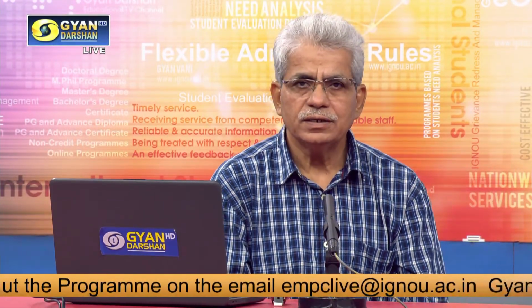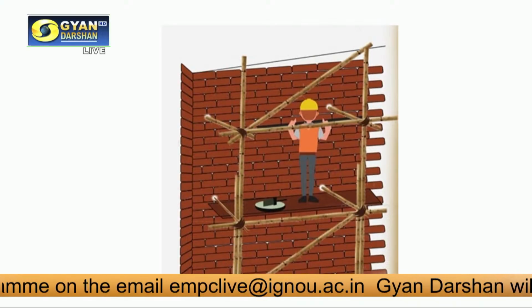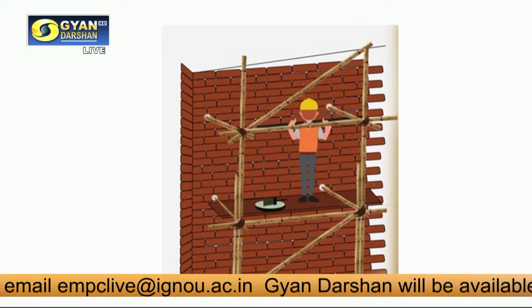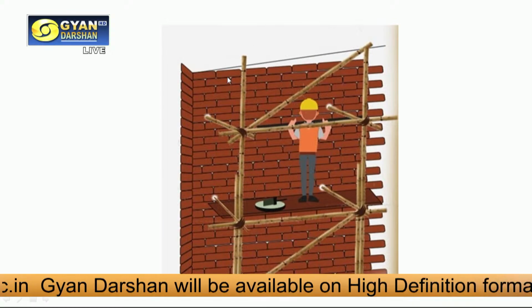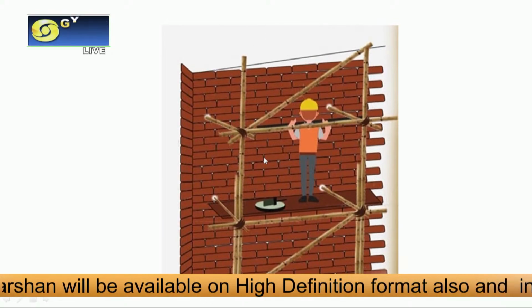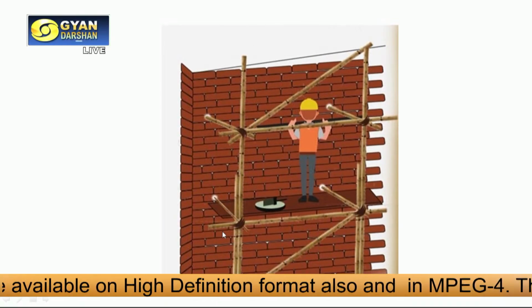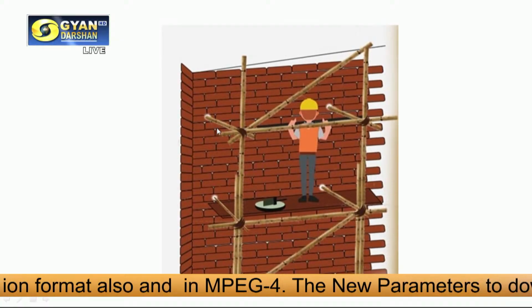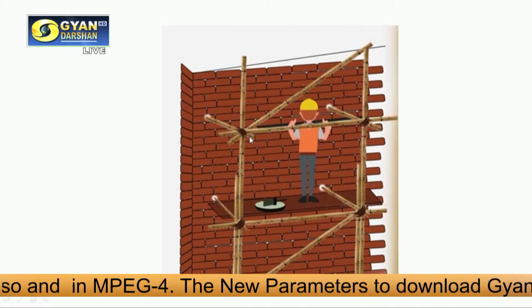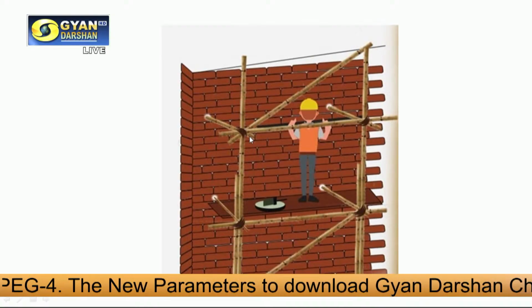Here you can see this single pole or putlog scaffold. As you see, these are the uprights, these are the ledgers, and these are the putlogs, which are the horizontal members in the other direction, at 90 degrees to the wall.